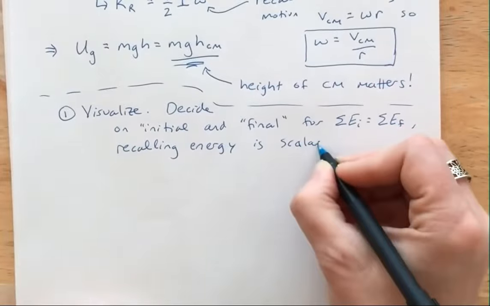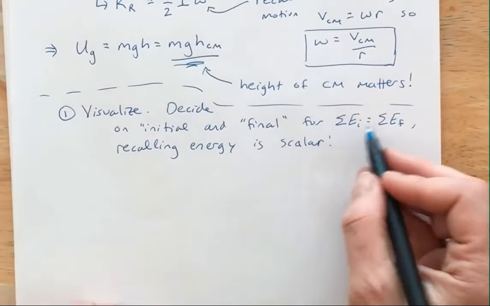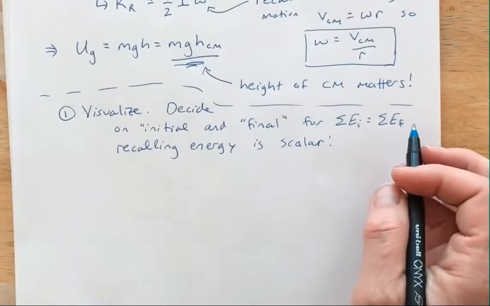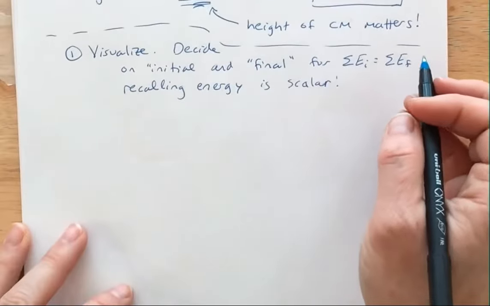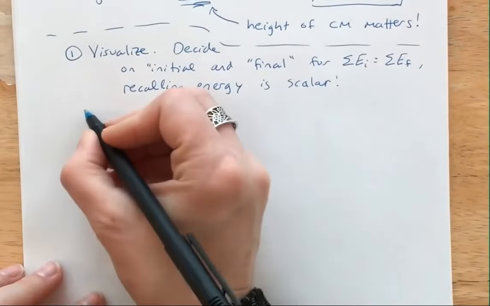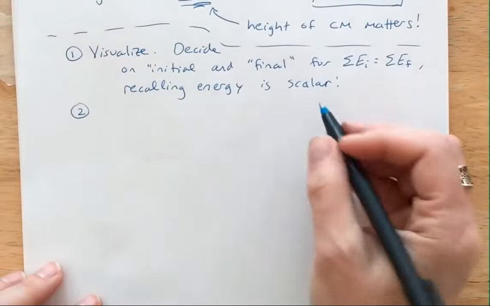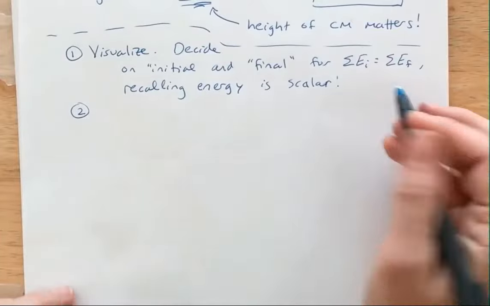So there's just a single equation of total initial energies equals your total final energies when you include everything in your system. Step 2 then, we write out our initial and final energies.